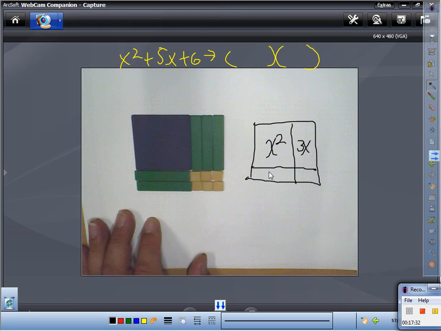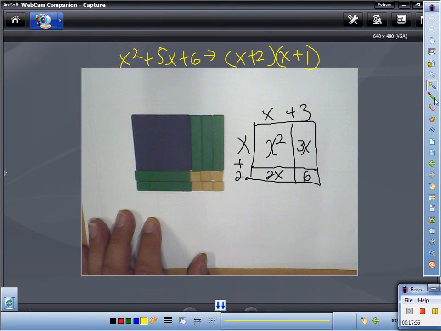What do I label this one? 2x. And what do I label here? 6. Okay, we know that x squared is x times x, yes? So x times what gives me 3x? 3. X times what gives me 2x? 2. So my factors are x plus 2 times x plus 3, sorry.